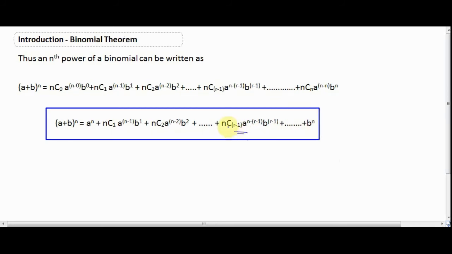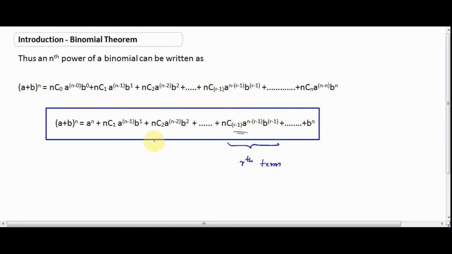Now here nC(r-1) a^(n-(r-1)) b^(r-1) is the rth term. So this term what we have here is the rth term in the binomial expansion.